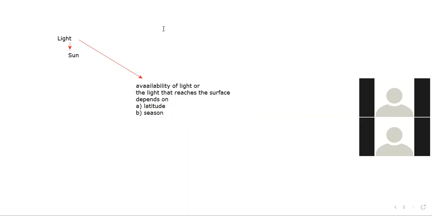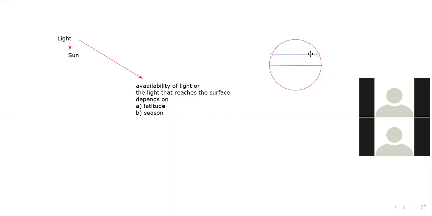As far as latitude is concerned, first of all, what are latitudes? Latitudes are imaginary lines which run parallel to the equator on the globe. Let's suppose this is one line; this line is known as the equator. The various lines parallel to this equator, northwards or southwards, are known as latitudes.